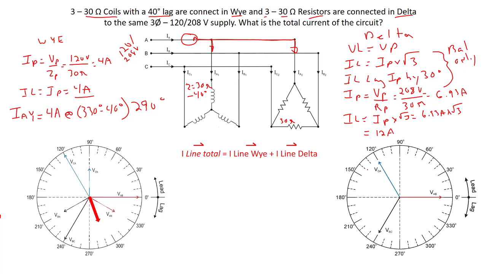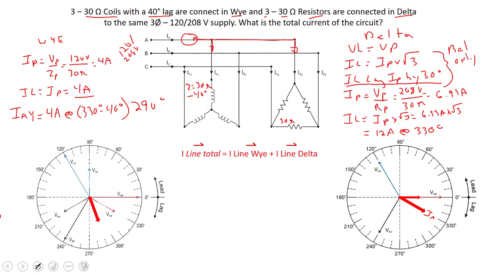I line lags I phase by 30. So that 12 amps, we're going to plot it 30 degrees behind our phase current, so that would be right at 330 degrees. There's our phase current, IAB. 30 degrees behind it is going to be our I line. So that's our IA right there.